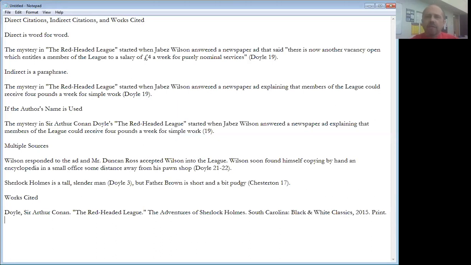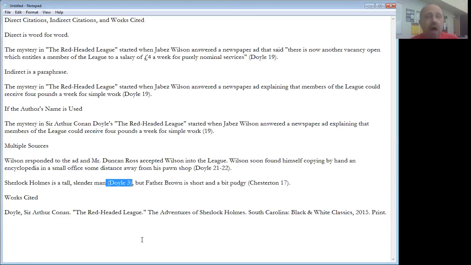Okay, the G.K. Chesterton, Father Brown, Secret of Father Brown books would follow this same format, only it would use the information from that particular book. So that seems pretty simple. Now, do note, however, that this Doyle reference here isn't from the Red-Headed League. This is from our first Sherlock Holmes story that we read, in which case I would need to add that as an additional works cited.